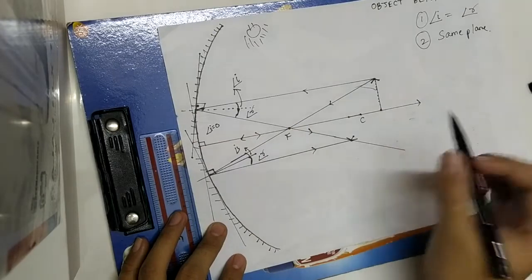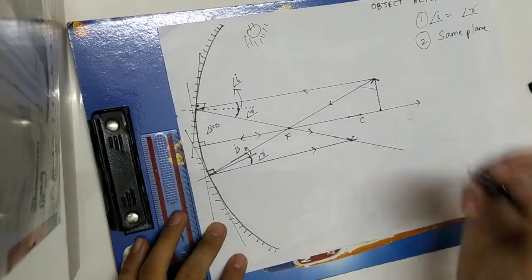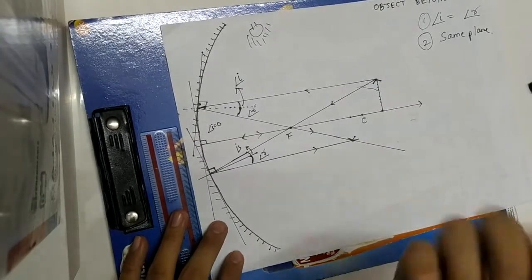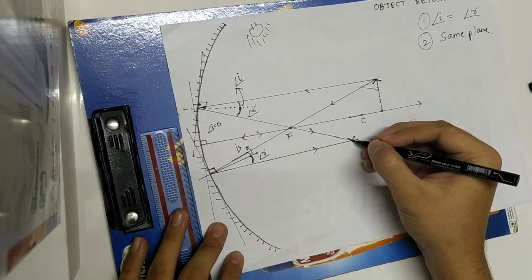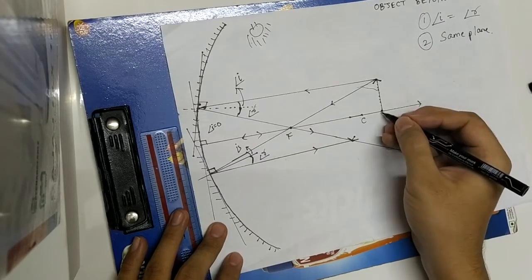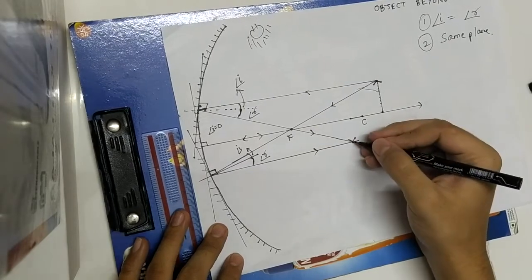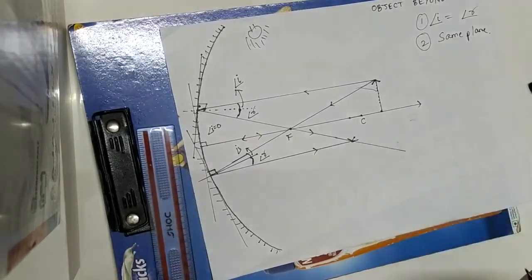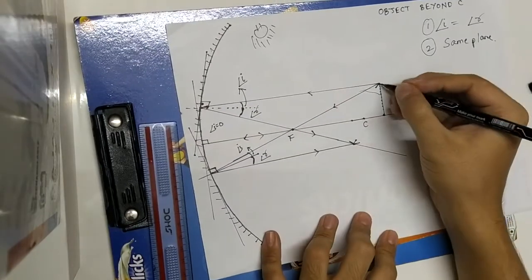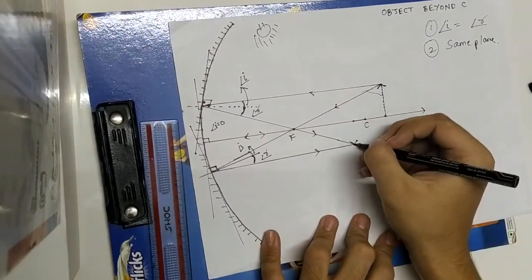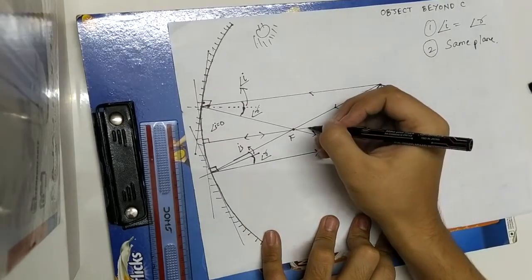So we have drawn only one ray from here. That is actually enough, because we just need to know whether the bottom is going to be here or here. We know one point, we just need to know the other point. It has to be in one line only. If the top is here, the bottom can't be somewhere else.